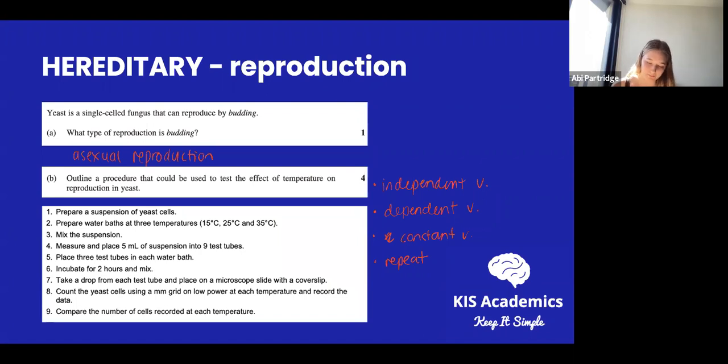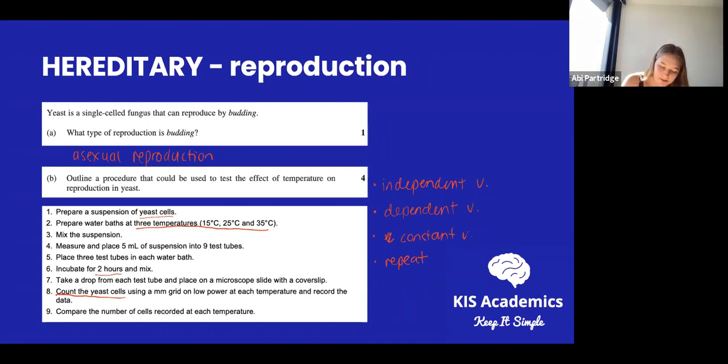So they've got their independent variable, you can see they're mentioning the 3 different temperatures. You've got the dependent variable, the yeast cells, which you measure by counting the yeast cells down here. And then you're keeping the constant variables.